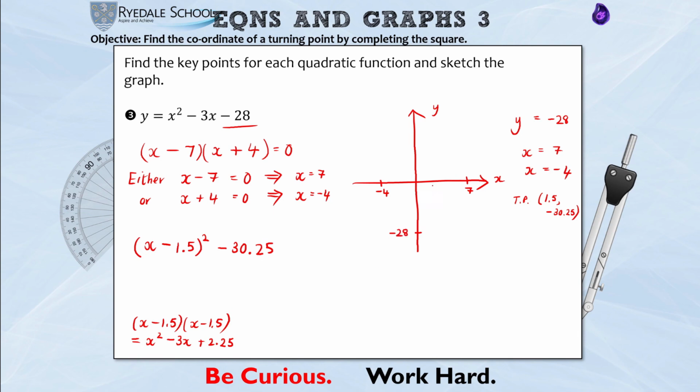And then we have this wonderful turning point at 1.5, negative 30.25. So let's plot those points. X-intercepts, y-intercept, turning point. Let's try the other way. And that is a sketch of your final function.